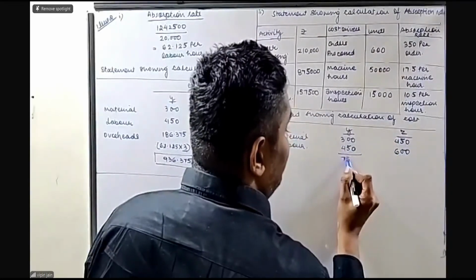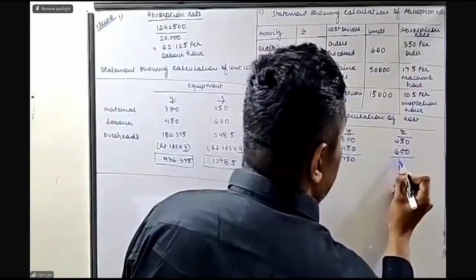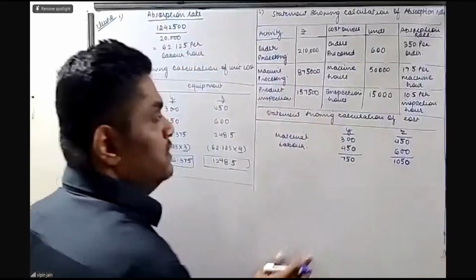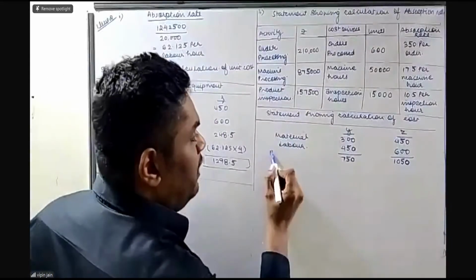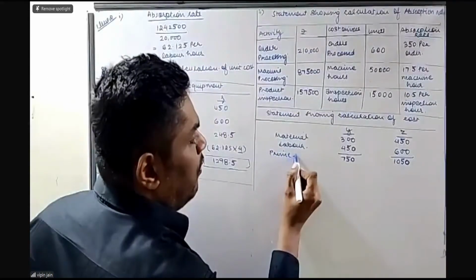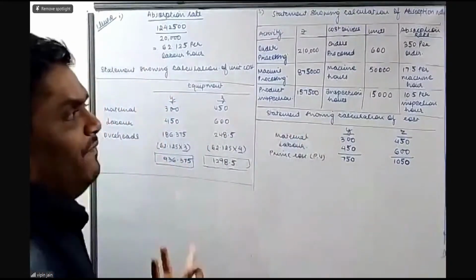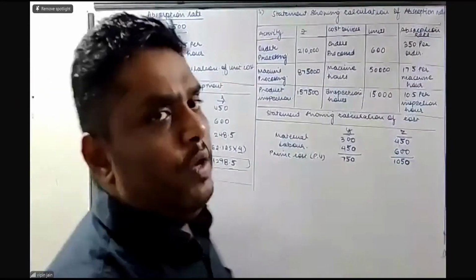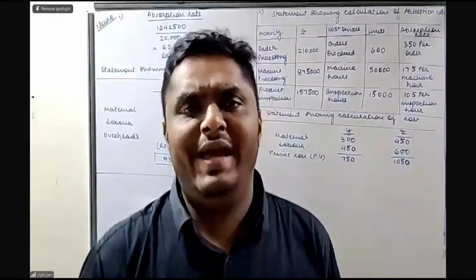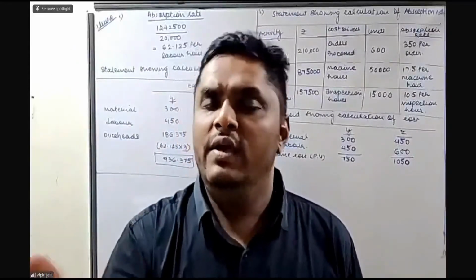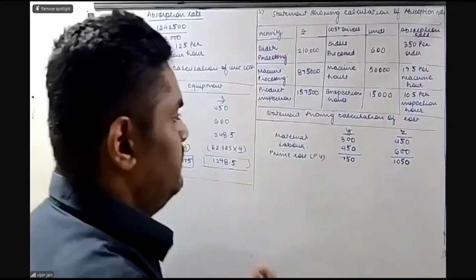So this is $750, 1,050. So we have got the prime cost per unit. Now overheads, we have to calculate in total. You can calculate it per unit also, but the calculation will increase. So better calculate the total overhead divided by units. We will get the overheads per unit.